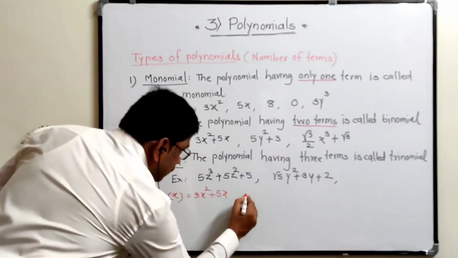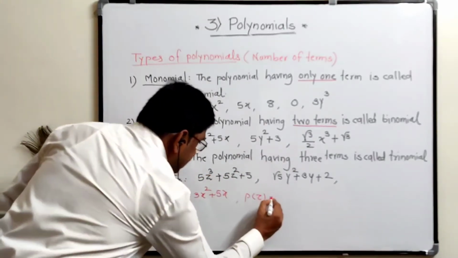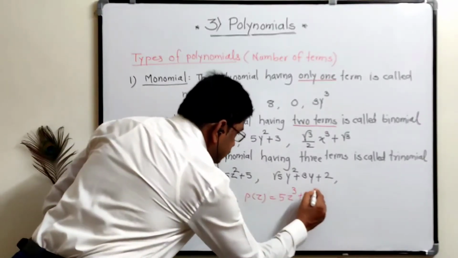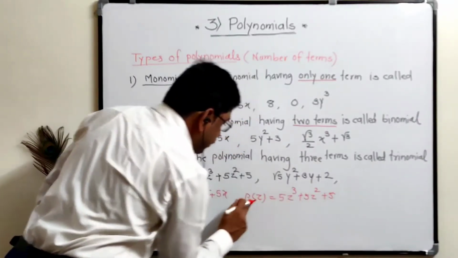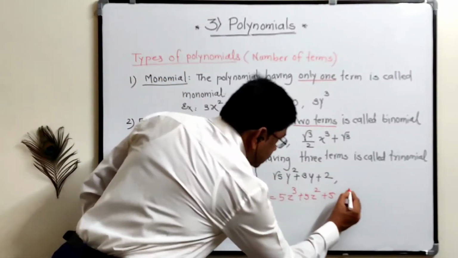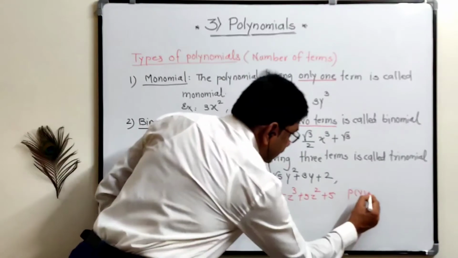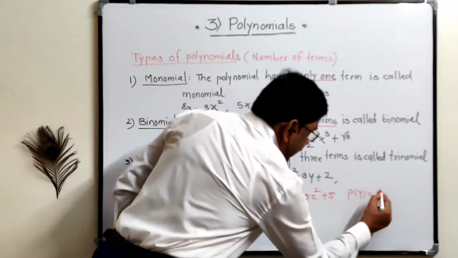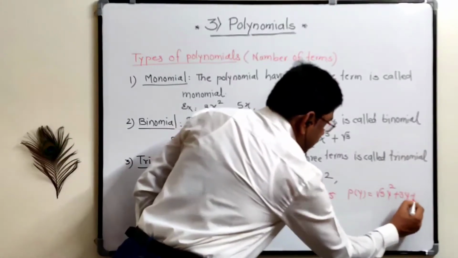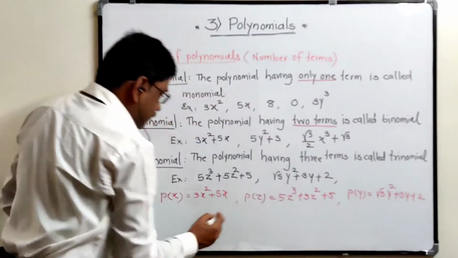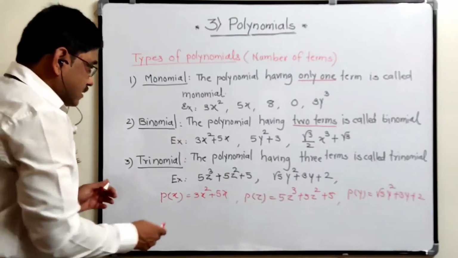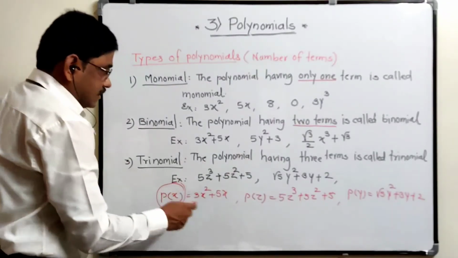So we can write p(z) is equal to 5z cube plus 5z square plus 5, meaning polynomial in z. Here it is the polynomial in y. So p(y) is equal to root 5y square plus 3y plus 2. So in this way we can write the polynomials using this letter p(x), p(y), p(z) like this.